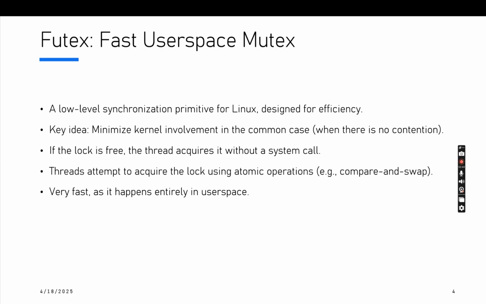It can acquire the lock all within the user space. Any threads attempting to acquire the lock also need to do it atomically. And as you can imagine, since acquiring a lock can be done in user space if it's free, it improves the performance of programs using a Futex.